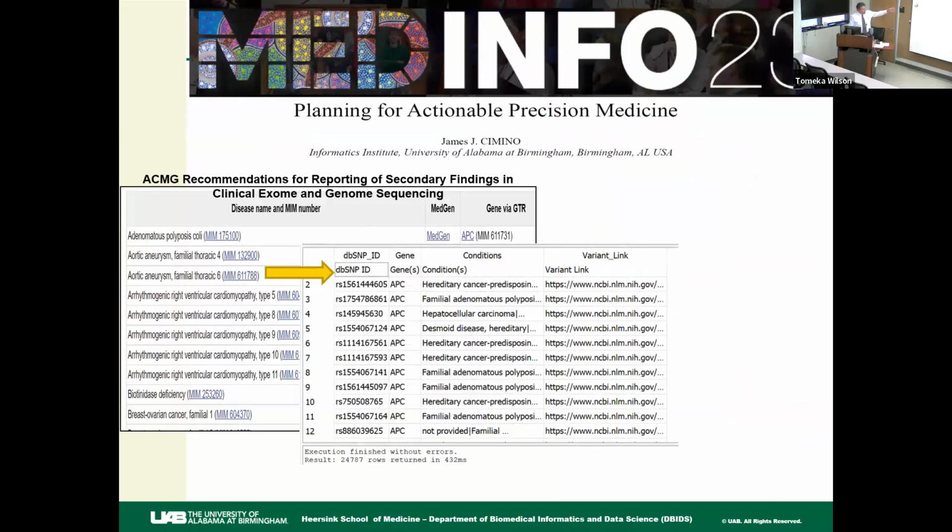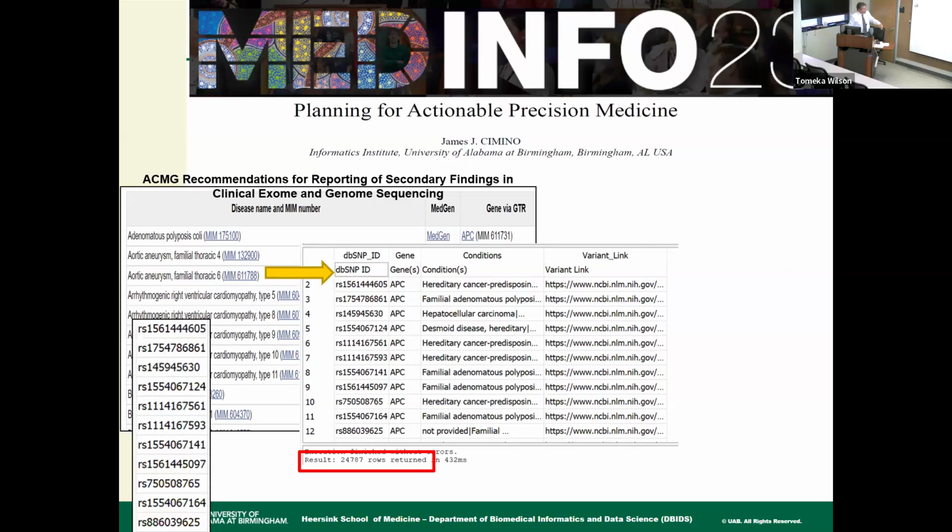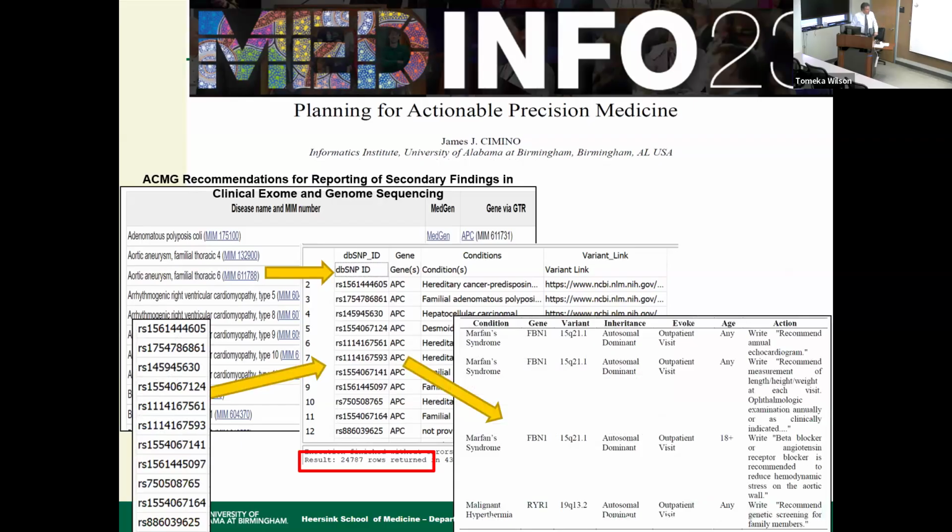And they provide a very nice website for all those variants and what diseases they increase risk for. It was 24,000 rows at the time that I looked at this. I'm sure it's more now. And then just create a table that can take the patient data and match it to those things, and then generate a list for the patient of things that the patient might have.